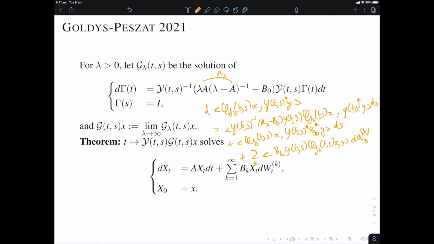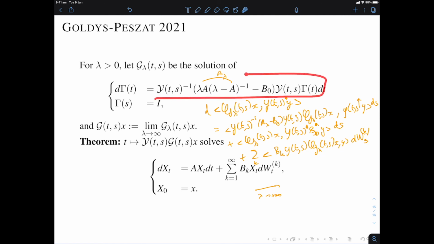Okay, and then what you have to realize is, first of all, this cancels with that. I've already done that in here, and then the term with the minus B naught here cancels with this second part, and when we send lambda to infinity, we get the solution to our equation. And that is the reason why such a formula works.